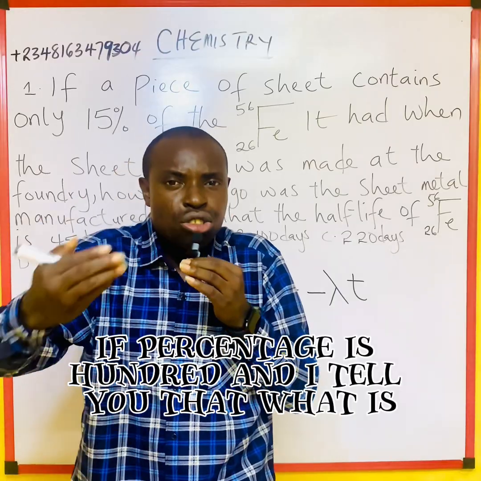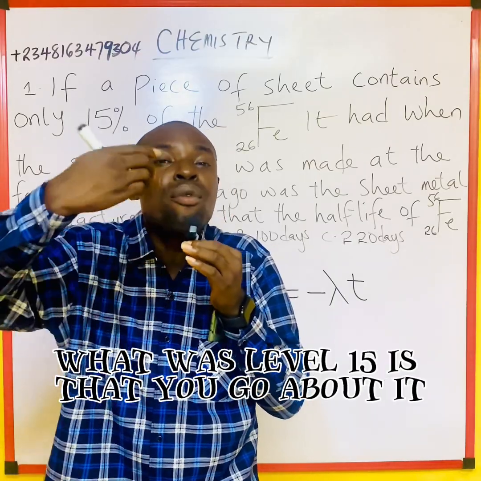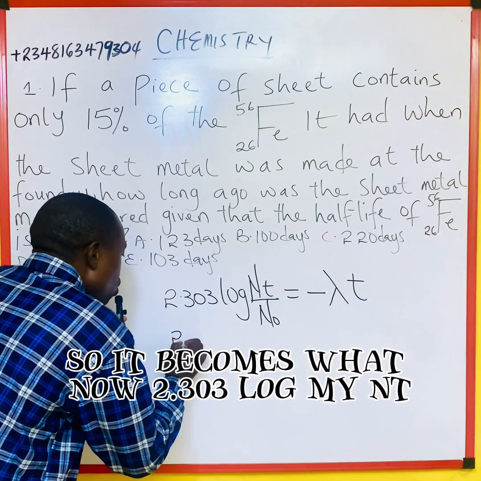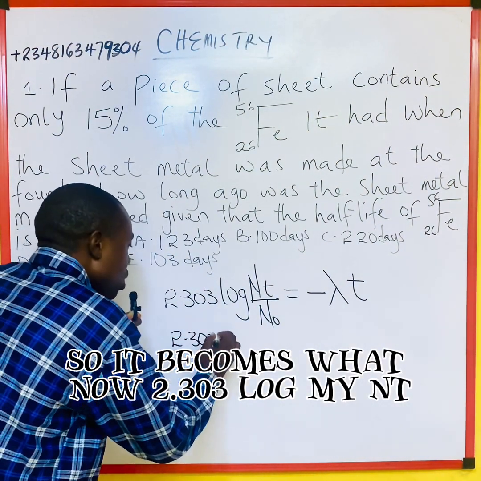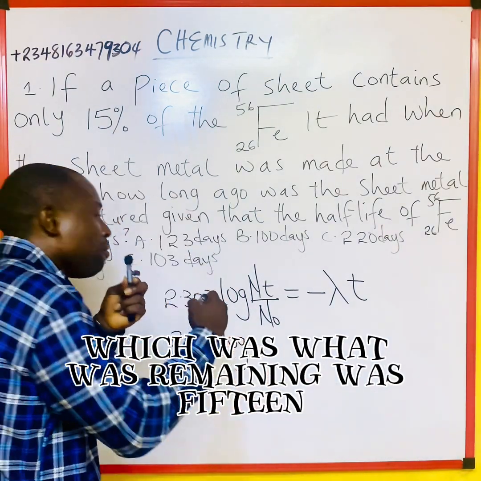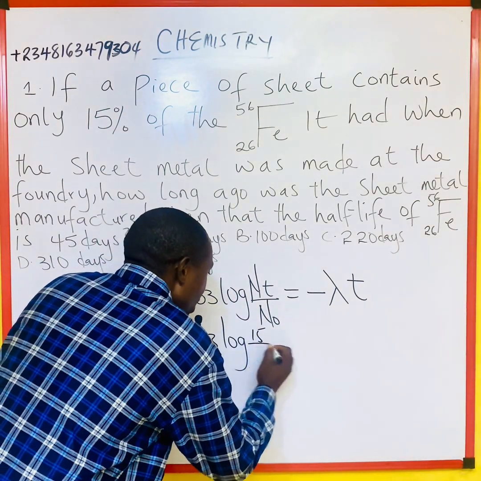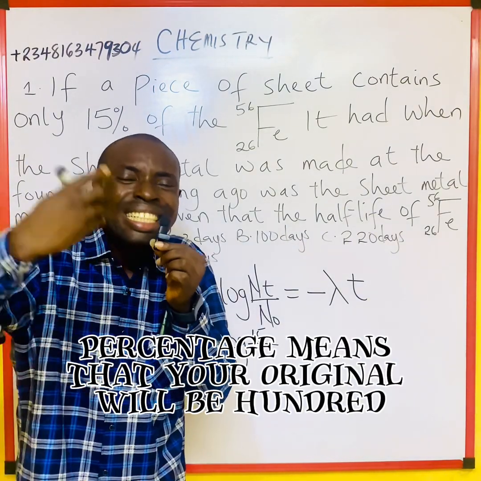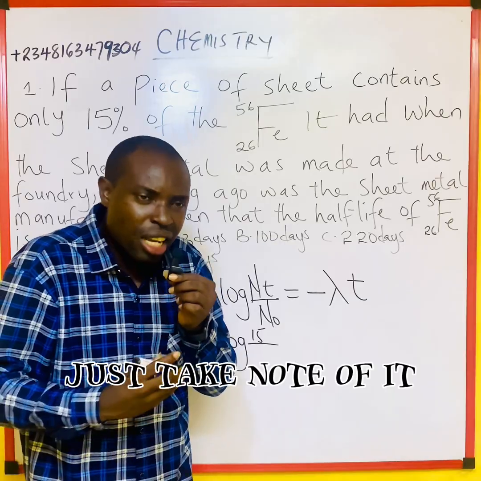If percentage is 100 and what was left was 15, these are what you go back to. So it becomes 2.303 log my Nt, which was what was remaining, was 15. Your N naught, because percentage means that your original will be 100. Just take note of it.